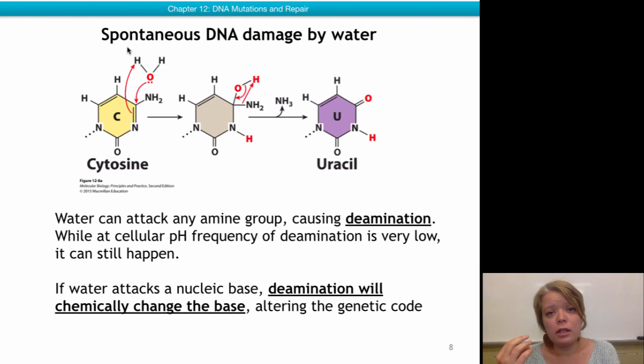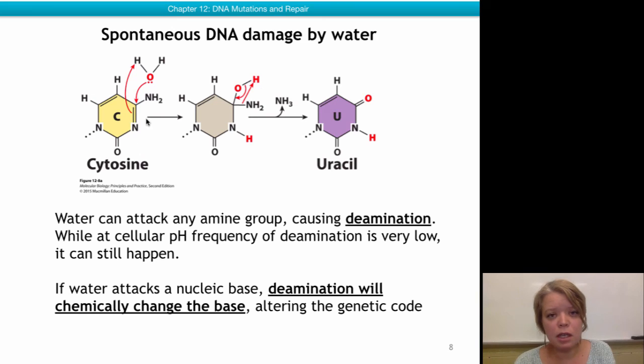Water is capable of participating in deamination reactions, that is, any reaction where the water molecule reacts with an amino group and replaces it, making it leave as ammonia.